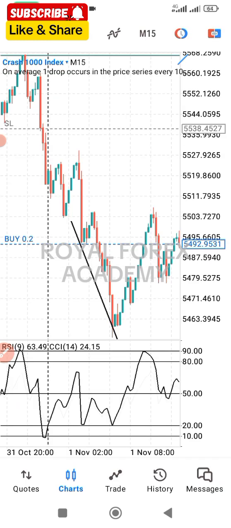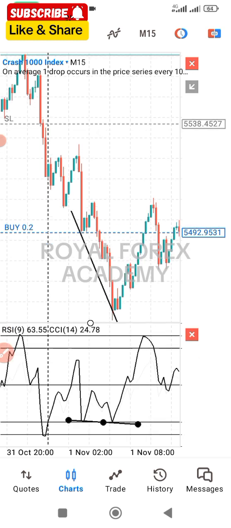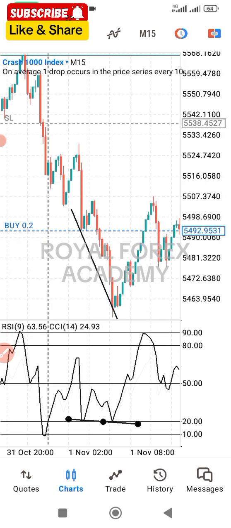And when you look at our indicator window, you realize that we are having an equal low. The commodity channel index is giving us an equal low.